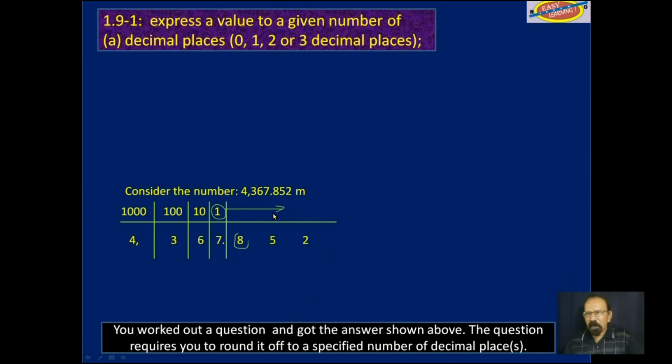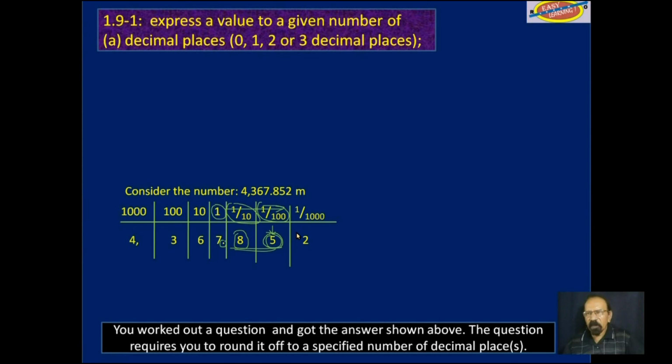Now this 8 here is in the 1st decimal place. It actually is in the position of the tenths, that is 1/10. This 5 here, 2 decimal places. As you can see from the decimal point to the right, this 5 is 2 digits away, so it is known as 2 decimal places, and that represents 1/100ths.